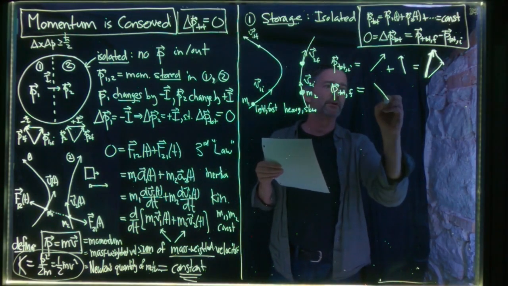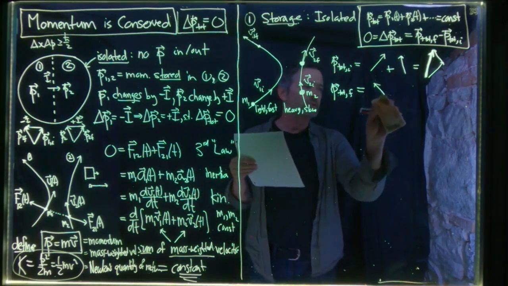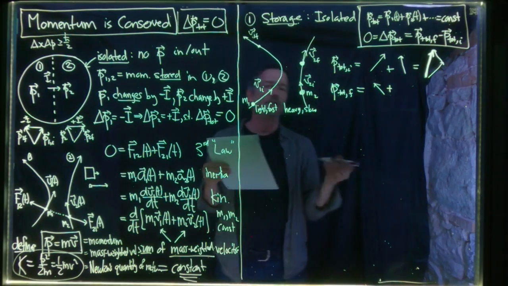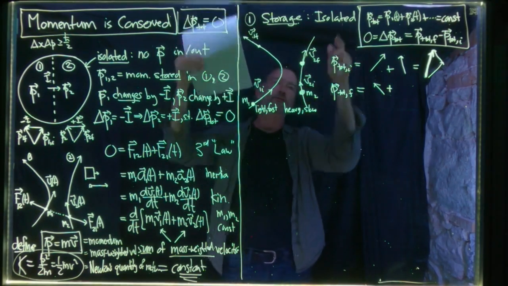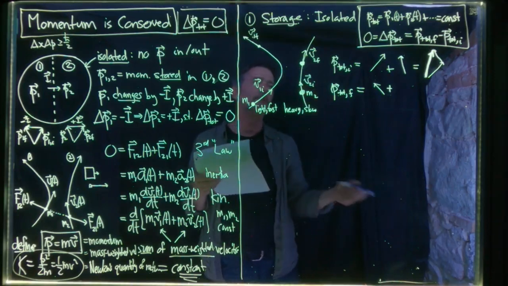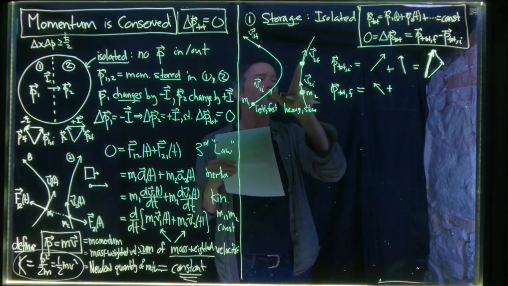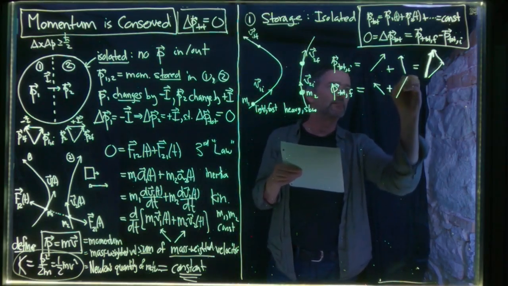And so it's maybe a vector that looks like that. And again, we'll make these a little bit shorter. And then we want to add to that the momentum of object number 2 after the interaction, at this later time t final. And so it's going to be a momentum in that direction. Something about like that.